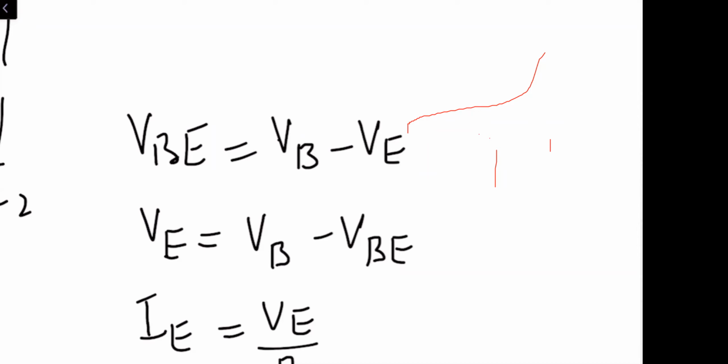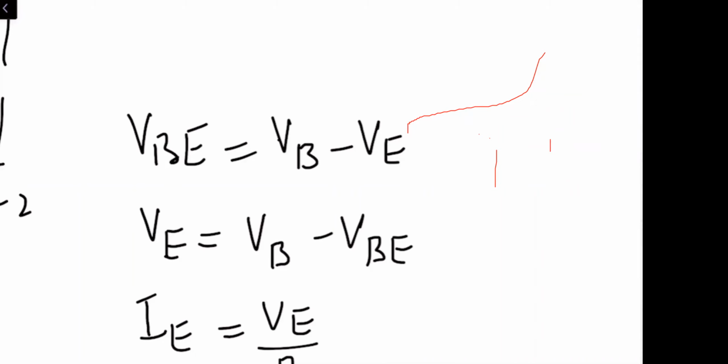VBE indicates the difference between the voltage at the base and the voltage at the emitter of the transistor, right? So the difference between the base voltage and the emitter voltage is VBE, right? Are you with me now? Okay, sir. Thank you.